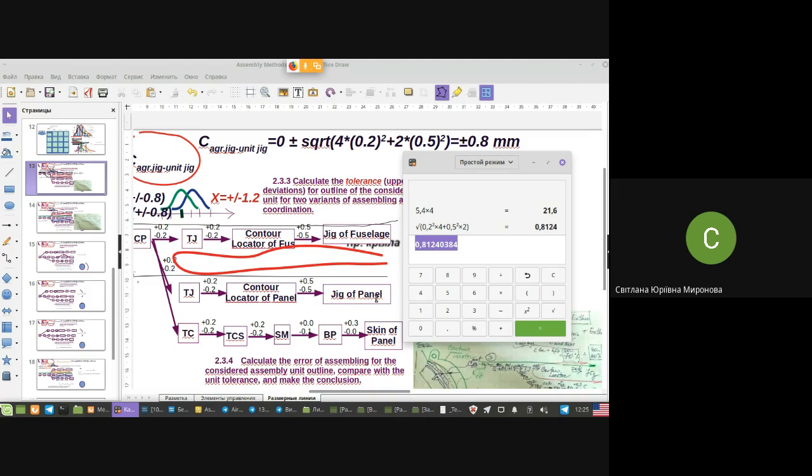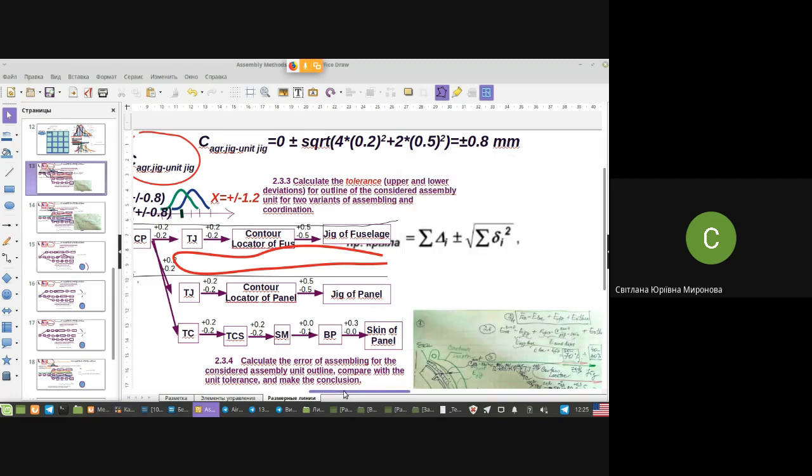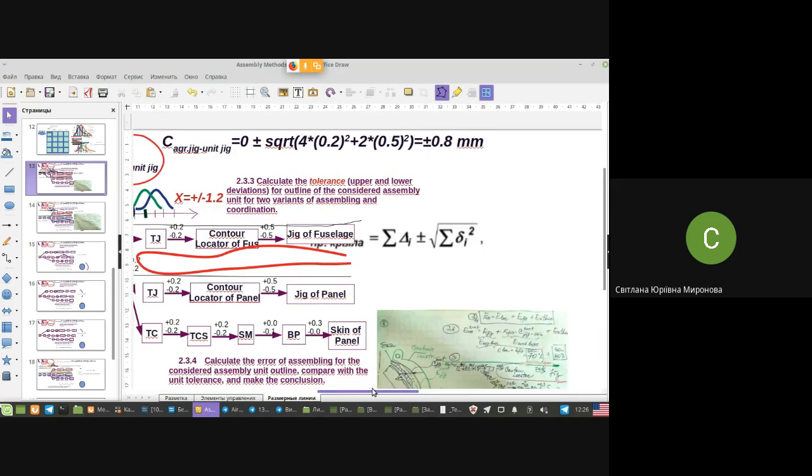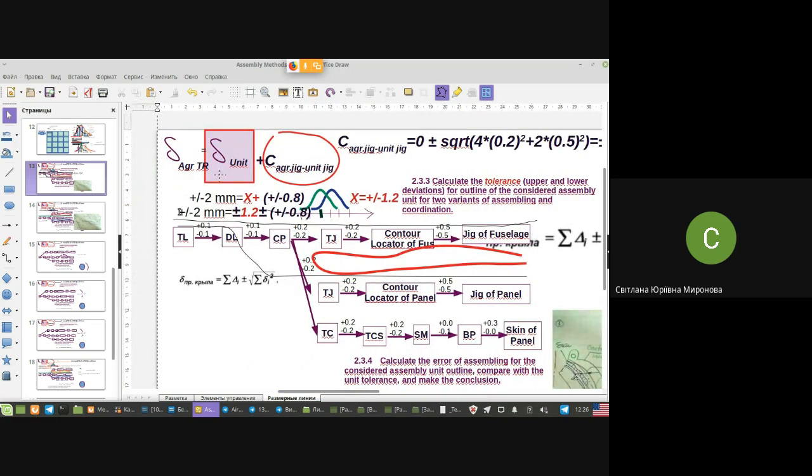In particular, for the central section of the fuselage, the limits of deviation of sizes here are plus minus 2 millimeters. We're substituting this plus minus 2 millimeters from the error of coordination we have got, this 0.8. We are subtracting from plus minus 2, and what we have is plus minus 1.2.